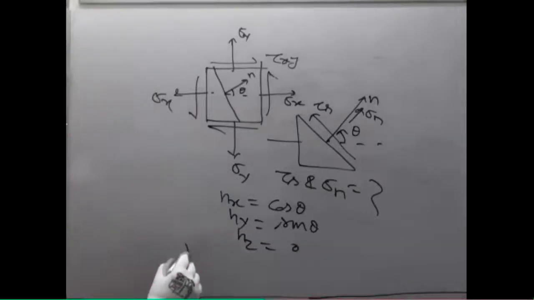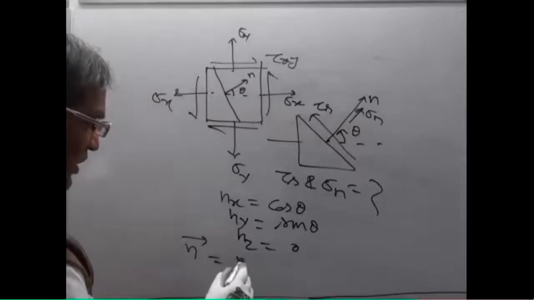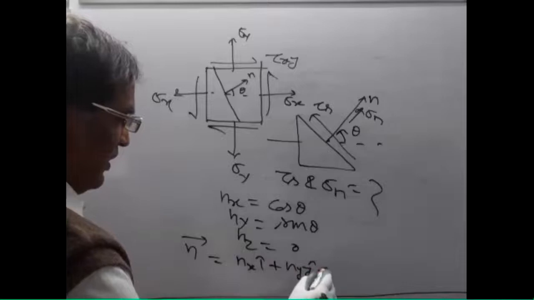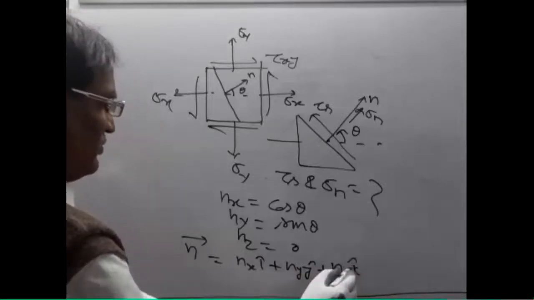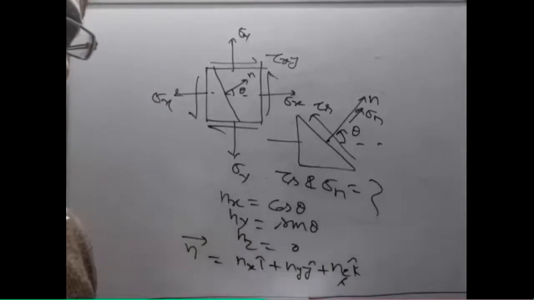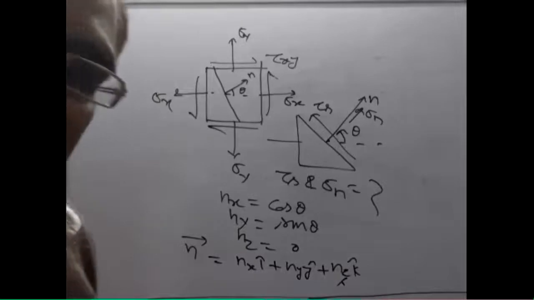In vector form you can write n as nx i, ny j, and nz, which is 0. It is a two-dimensional universe, that's why z is 0. So the magnitude of n is 1.